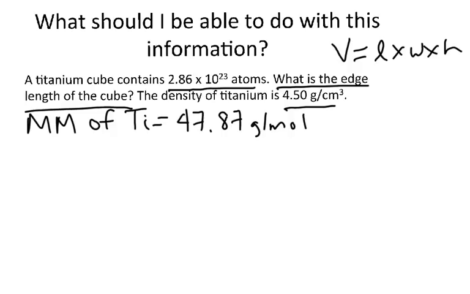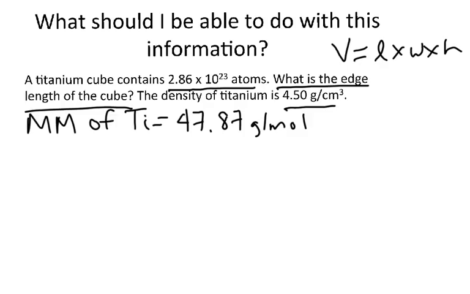And we know that if we have the number of atoms of something, we can use Avogadro's number to find the number of moles. If we know the number of moles of something, we can use the molar mass to find the number of grams. If we have the number of grams of something, we can use the density to find volume. So this is how we're going to approach this problem.